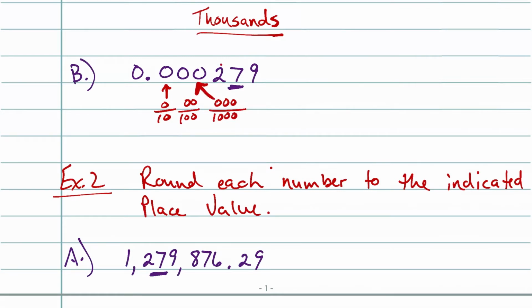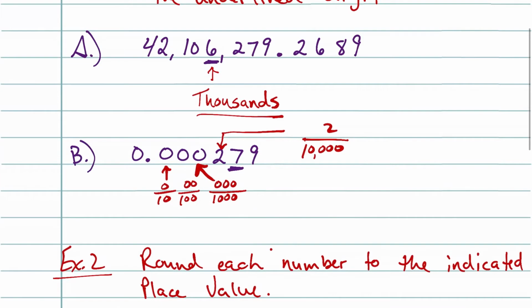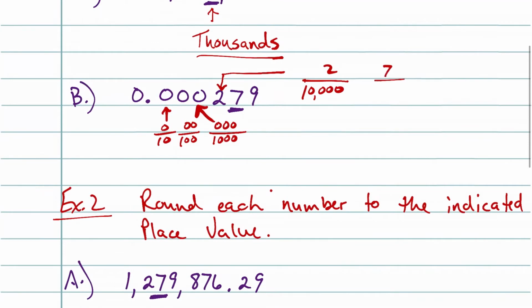So this 2 is like 0002, or just 2, out of the next place value over, which would be 10,000. But I want the 7, so the next one over is 7, out of the next place value, which would be 100,000. So the answer for the place value of the underlined 7 is 100 thousandths.